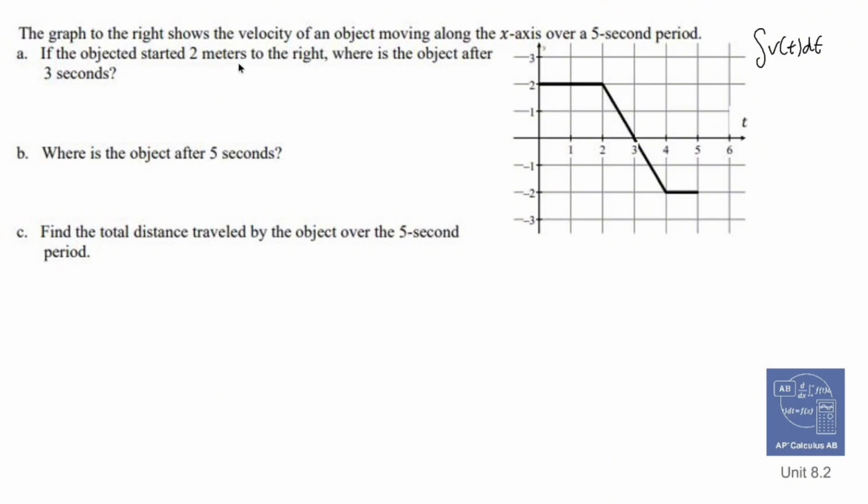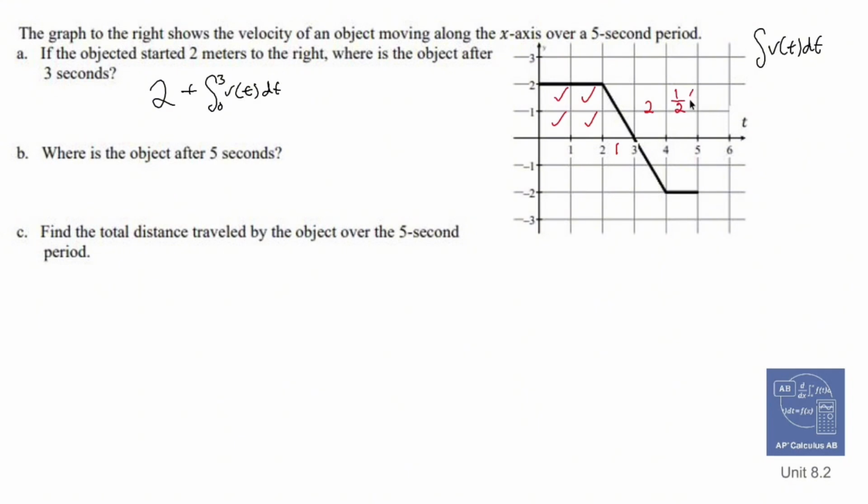If the object started 2 meters to the right, you're already at 2. Where is the object after 3 seconds? Well, we care about the integral from 0 to 3 of v of t dt. That means the area underneath the curve from 0 to 3. So the area here is going to be 1 block, 2 blocks, 3 blocks, 4. Easy. This is a triangle with base of 1 and height of 2.